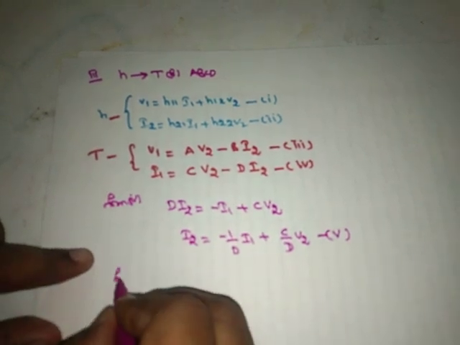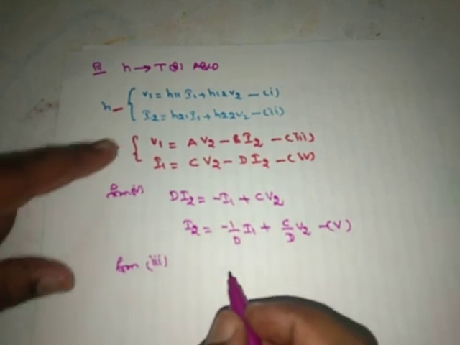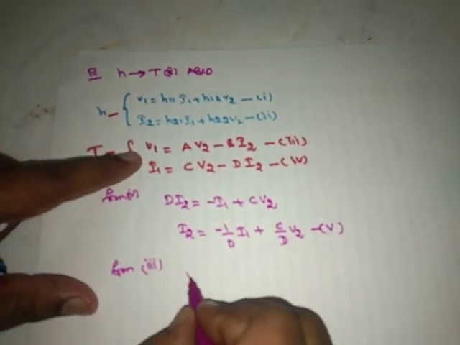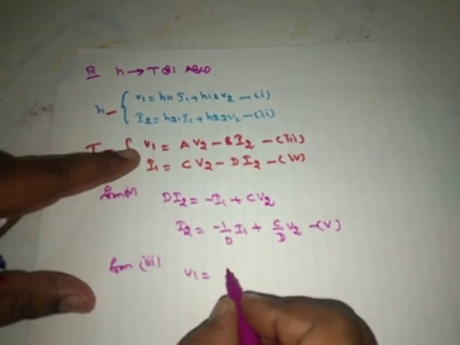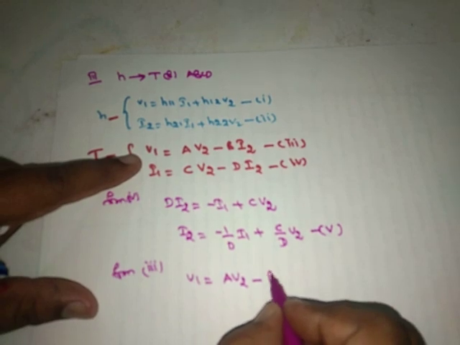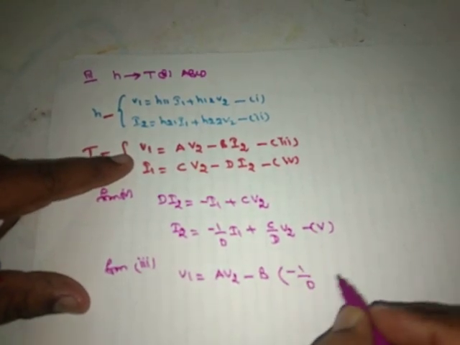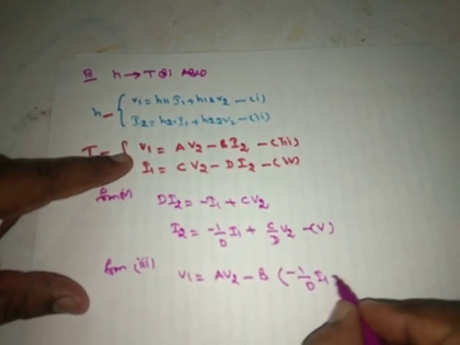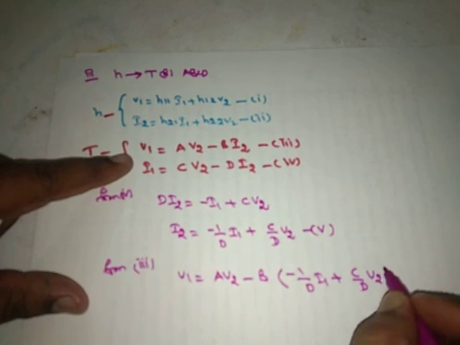From third, okay, V1 is equal to A into V2 minus B into I2. Substitute I2 here. Minus 1 by D I1 plus C by D V2.